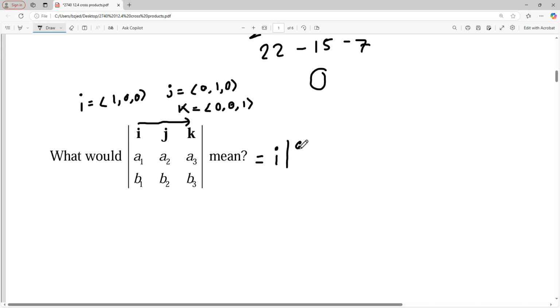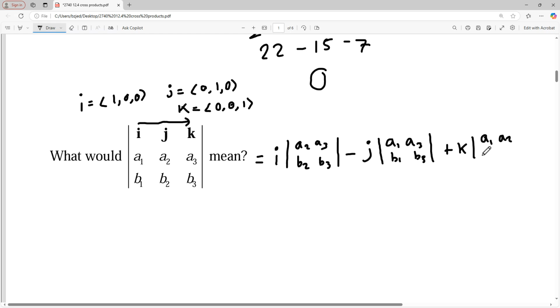So I get A2, A3, B2, B3, minus j times, I would have A1, A3, B1, B3, and then plus k times, and then we'd have A1, A2, and B1, B2.